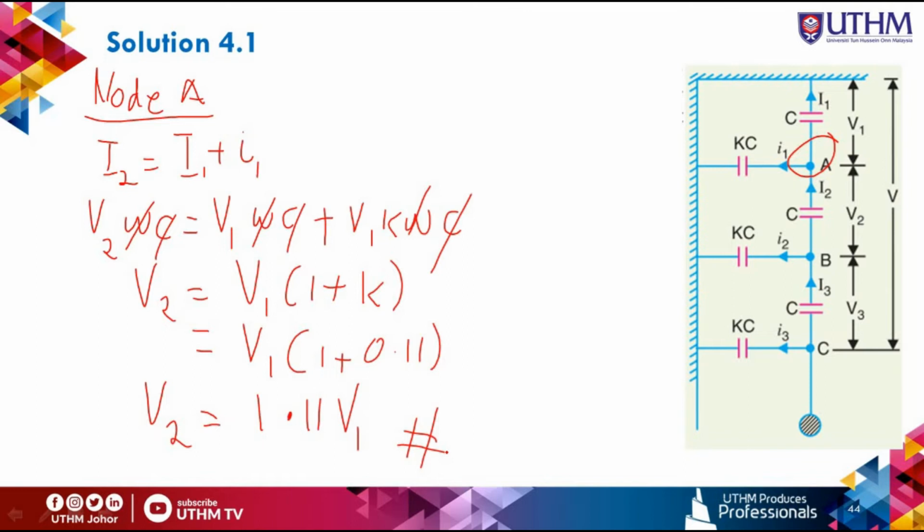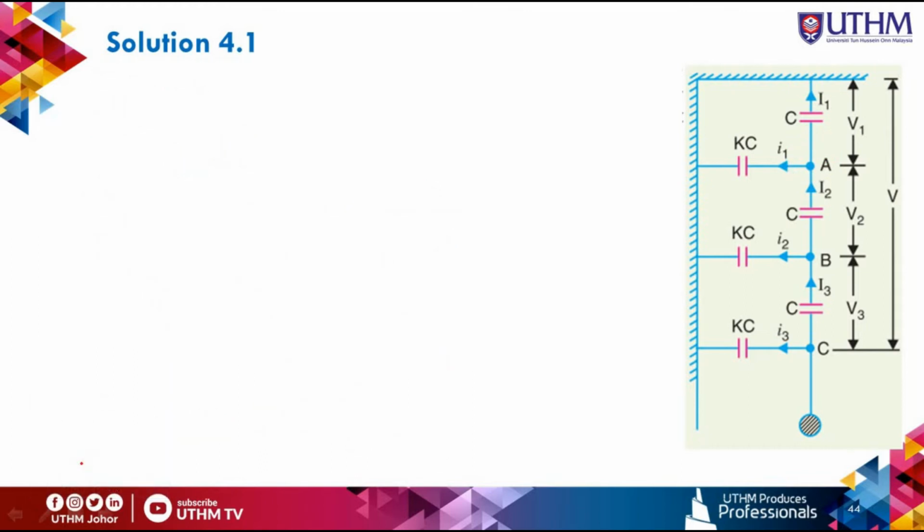Then you have to do the KCL at node B. So next is node B. Which one is node B? Yeah, here is node B. So I3 equals capital I2 plus small I2.